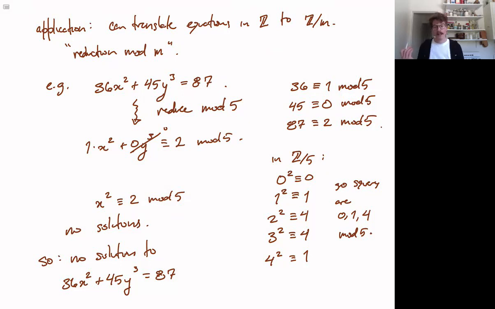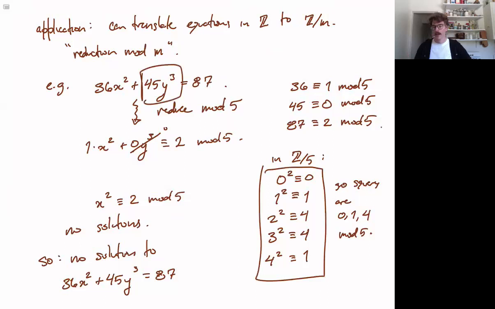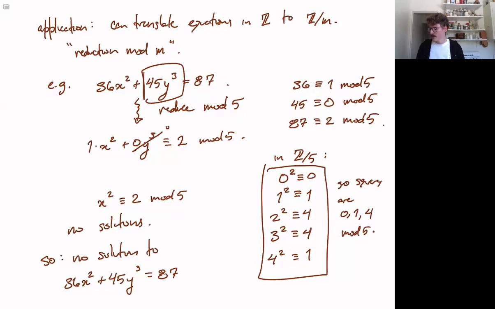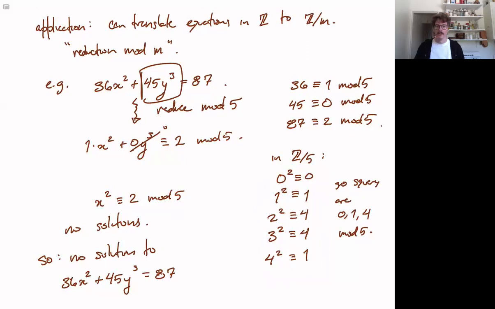Like, I kind of did this on purpose: if you look mod 5 at what the squares are, they're only 0, 1, and 4. This is very nice. But cubes do not work like that. I think every number is a cube. Everything mod 5 is a cube. So this term we can't deal with in the same way.